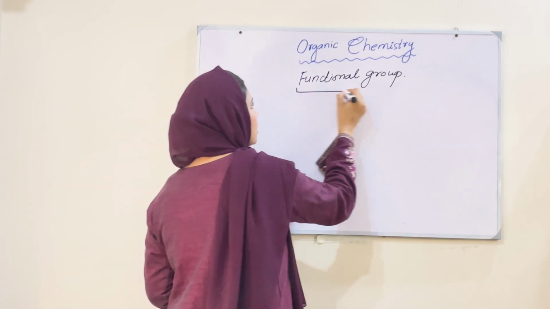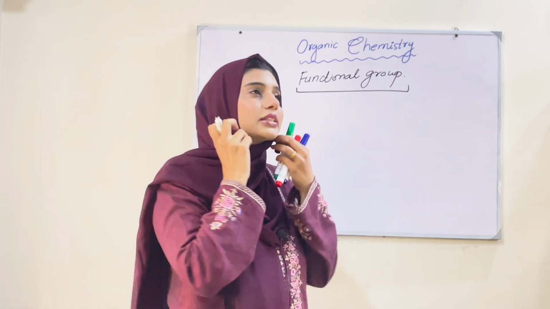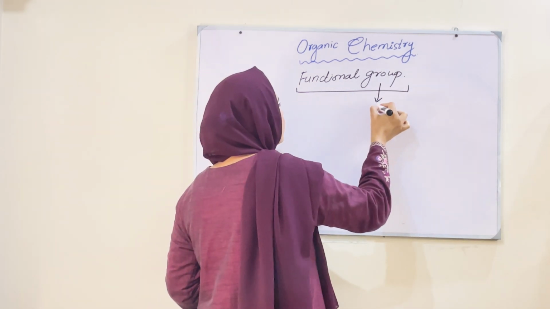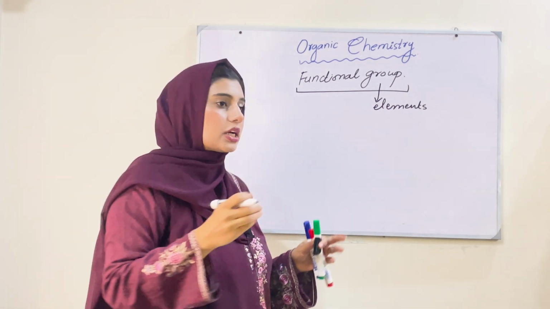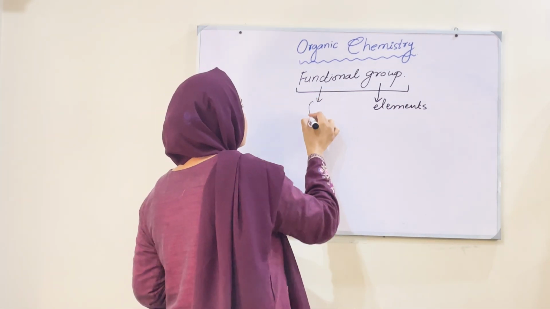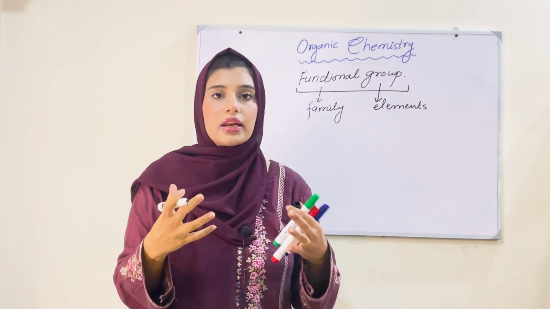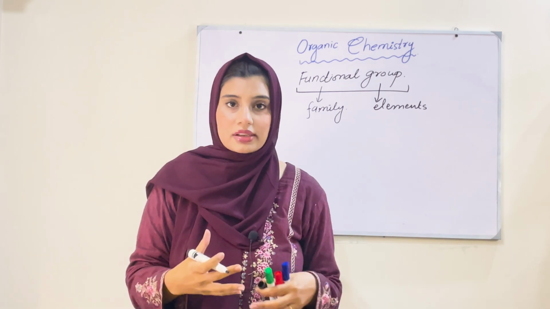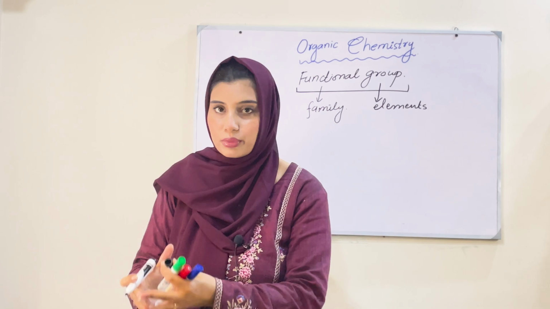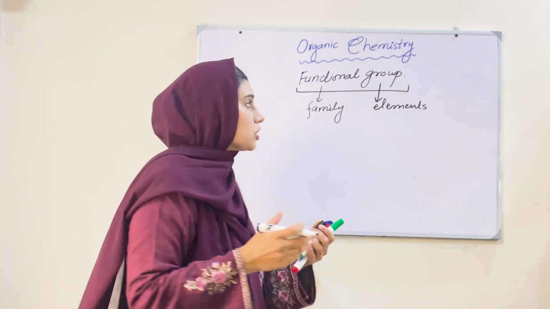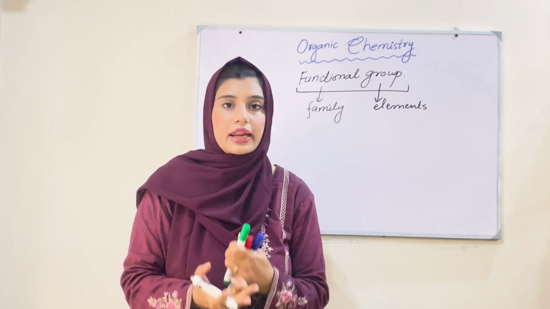Okay, functional group. By the word group, you will understand that there is some group of elements. We have some elements, and functional is representing a kind of family. So there is a group of elements, or there are bonds, or there is something which is the identity of a particular organic compound, or the list of organic compounds, and which is showing the whole family, is known as the functional group of that particular organic compound.